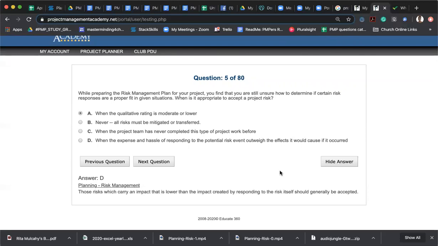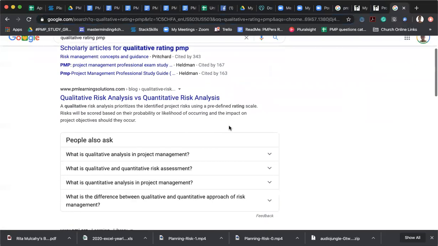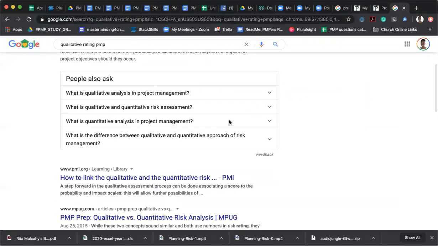All right. Huh. I thought we were directly going according to the matrix. This means I guess the qualitative rating should be high. I don't know. Let's look into qualitative rating, because I think that's the thing that caught us. Maybe our understanding of it is the exact opposite of what it is.